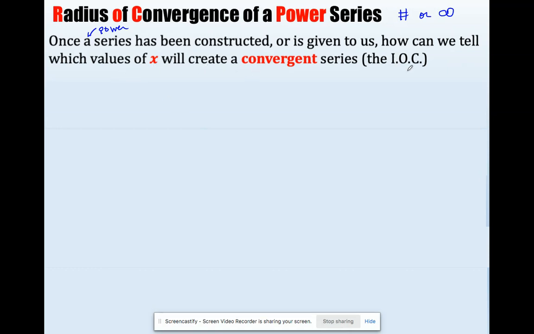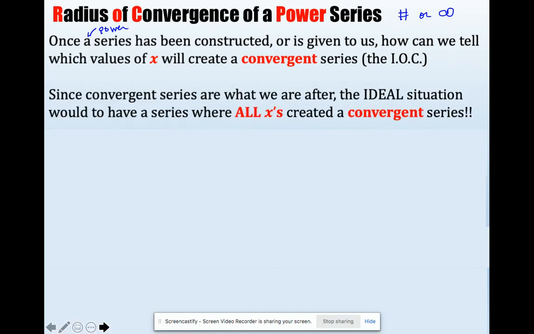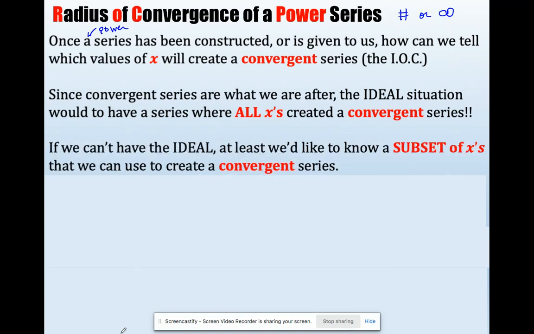That's, remember, the interval of convergence. We're not going to get to the interval of convergence today. We're just going to get the radius of convergence, which tells you from the center how far right and left can you go. Remember, convergent series are what we're after, so the ideal situation would be like sine, cosine, and e, where any x you can plug in and you will automatically have a convergent numeric series. But if we can't have the ideal, at least I'd like to know which x's I can use.